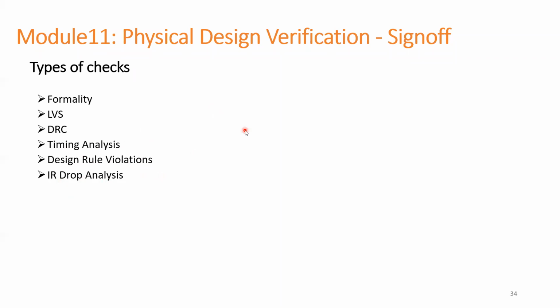As I've already mentioned, it is static and dynamic IR drop analysis, and we need to do that as well. There will be certain targets for each and every design. It can be 5% of the supply or 10% of the supply. Within that range only, there should be an IR drop.